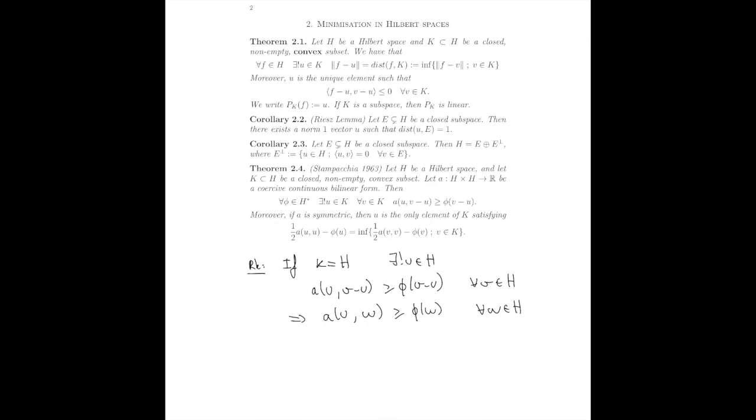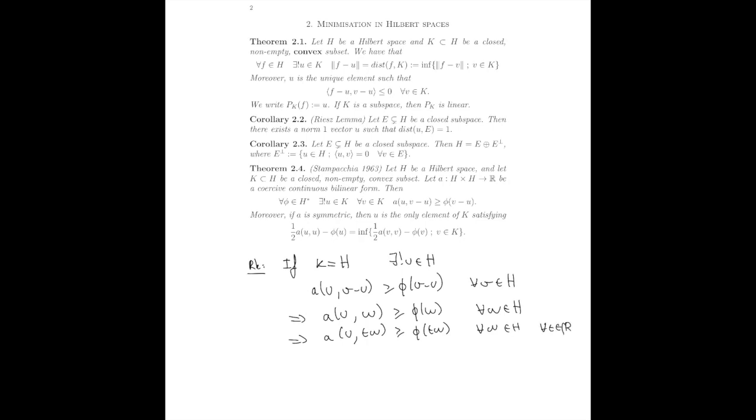And because every W can be written in the form V minus U, for V equal to W plus U, obviously. And not only is this true, but because this is true for every vector W, we also can multiply this vector by any real number, and the inequality will stay true.